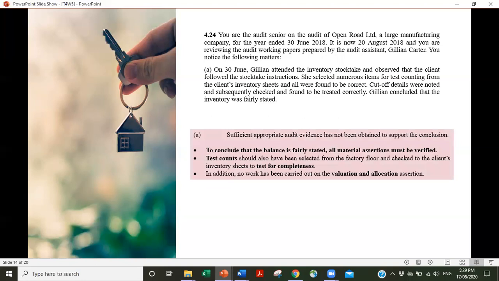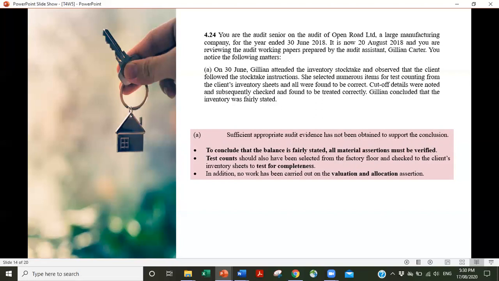Now, she hasn't actually verified all the material assertions. So she has looked at existence, she has looked at completeness, she has looked at cut-off, but she also should check for valuation and allocation.